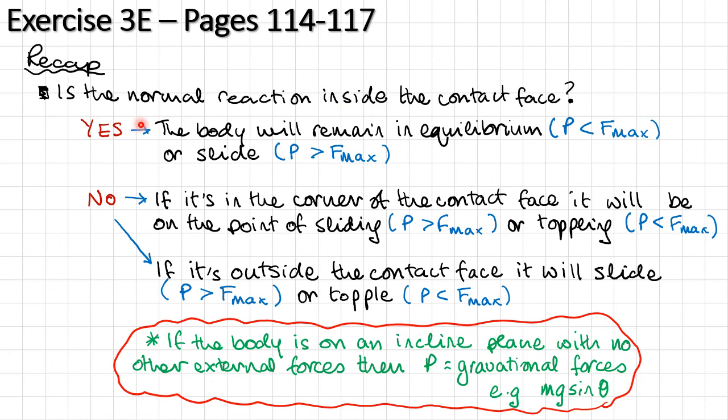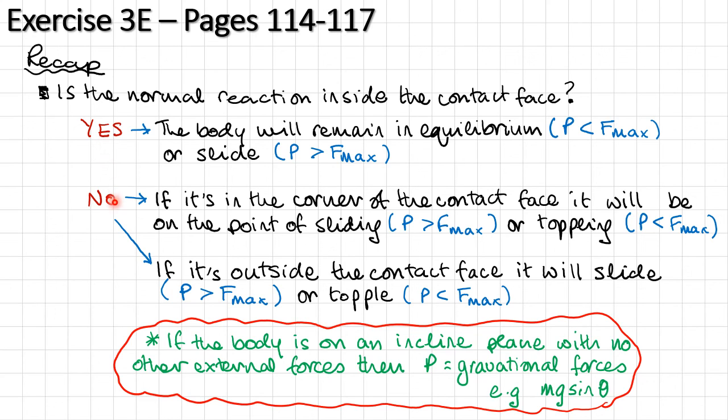If the answer is yes, then the body will remain in equilibrium if the pulling force on the object is less than the maximum frictional force mu R, or it will slide if the pulling force is greater than the maximum frictional force, so there's enough pulling power to pull it across a horizontal plane or an inclined plane.